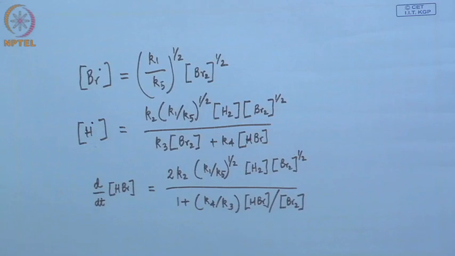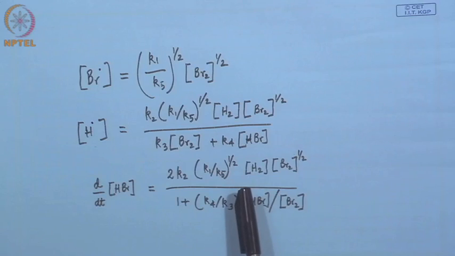So, it is an example of a chain reaction. Of course, it is a radical chain reaction, of which one is initiation, another 2 are propagation, the 4th one is inhibition, and the 5th one is termination.